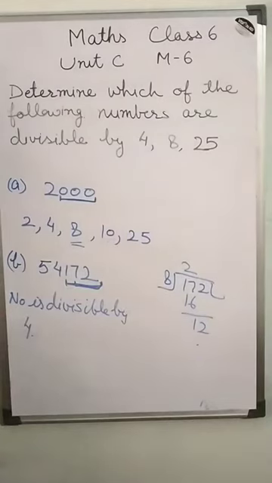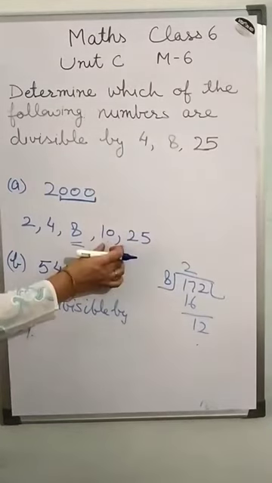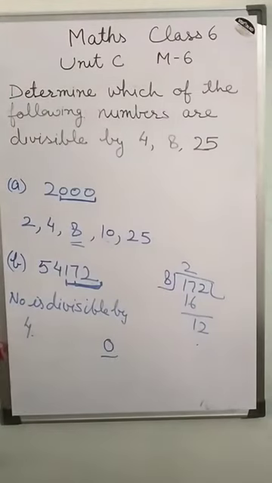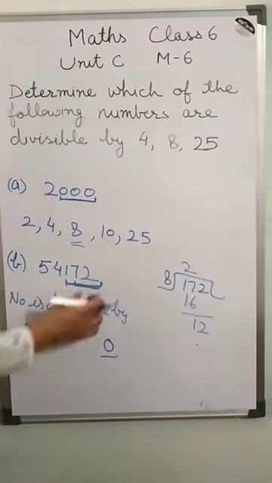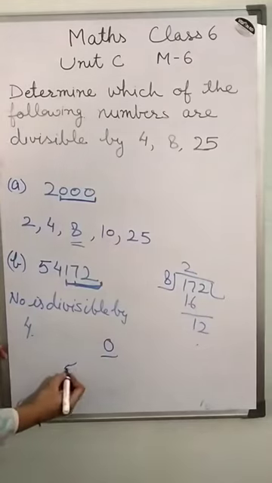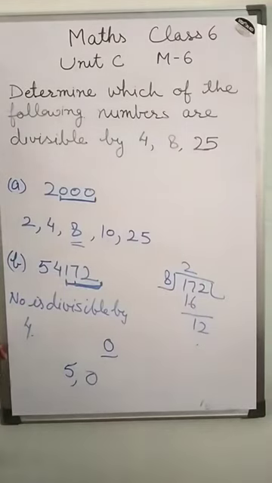For the divisibility of 10, the number should end with 0, but it ends with 2. So the unit digit is 2, that means the number is not divisible by 10. For 25, the number should end with 5 or 0, but here the number is an even number, so the number is not divisible by 25.